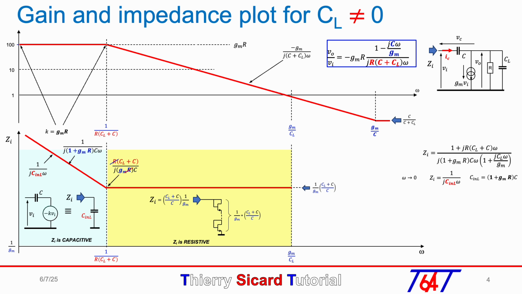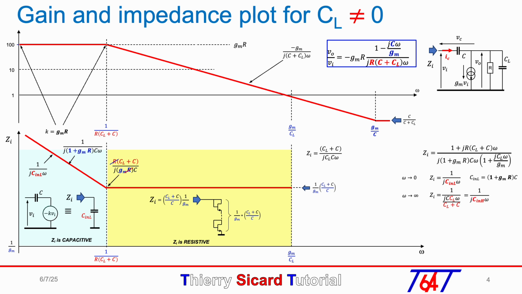As omega approaches infinity, all the omega factors are well above 1. We can therefore simplify by removing the plus 1. We can then simplify again by removing omega, R, Gm, and j to obtain the formula for capacitive impedance. Capacitance is equal to C multiplied by the factor CL over CL plus C, denoted CinH.